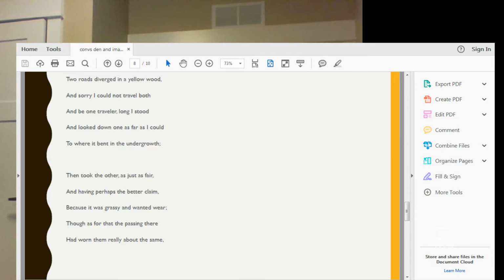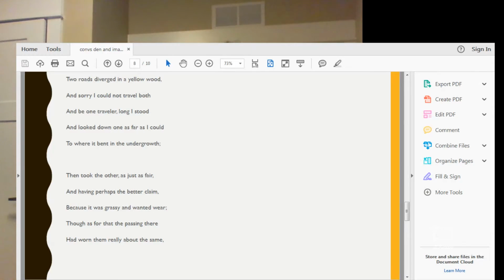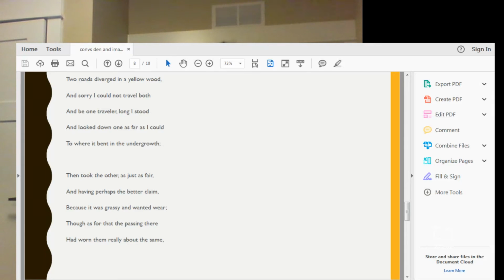We can stop right there, and that whole sentence is just imagery. We are seeing two roads diverged in a yellow wood. Oh, did you guys not see that? I think I forgot to put that there. I don't know why it's not going up there. Okay, there it is. "Two roads diverged in a yellow wood."